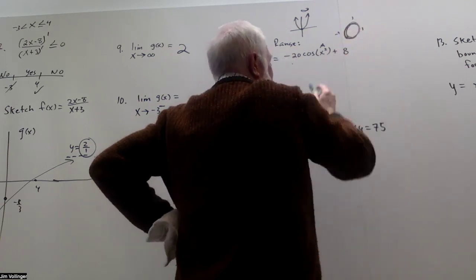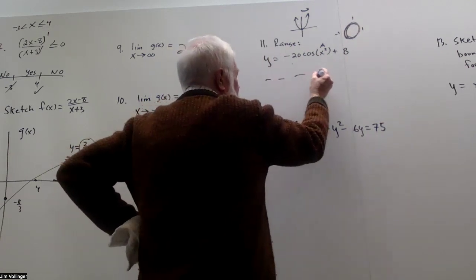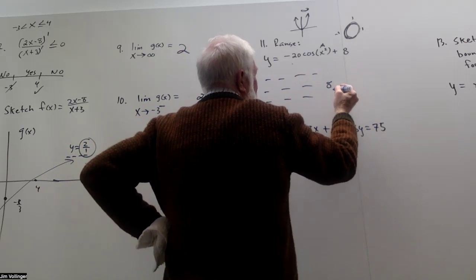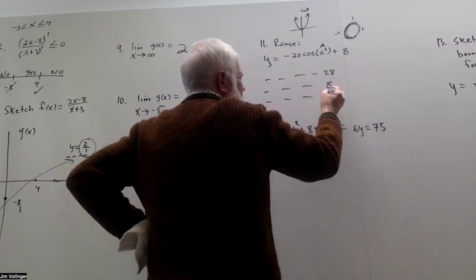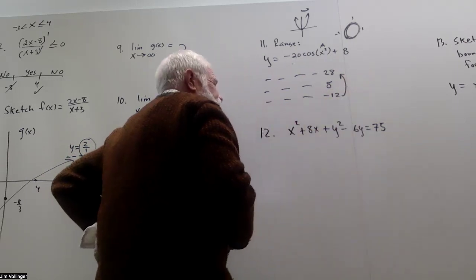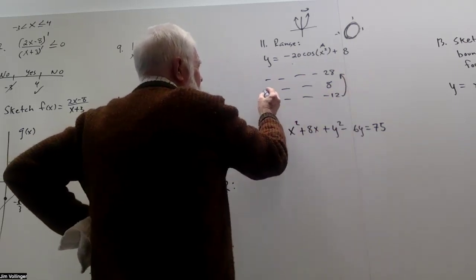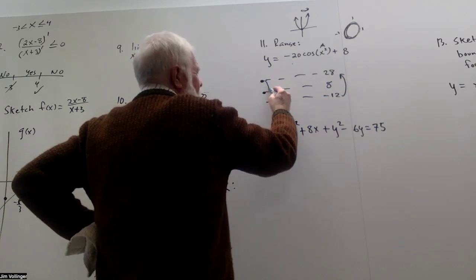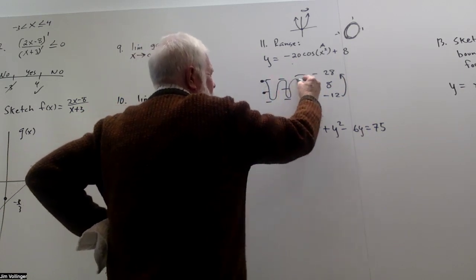And then I do a little multiplication and a little addition. So the range: 8 in the middle, up 20, down 20. The range is -12 to 28. And this graph at 0 would actually start at the max, and it would probably start to accelerate.